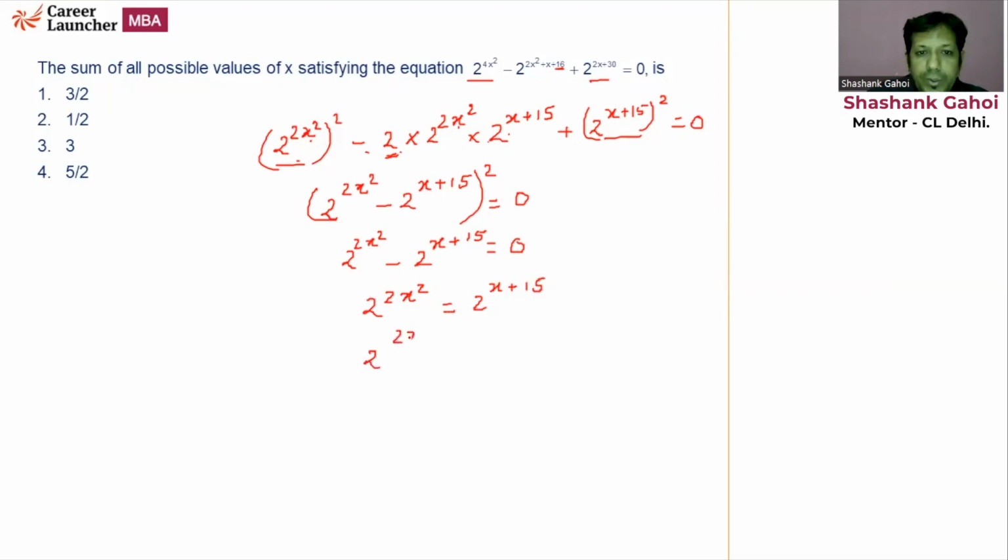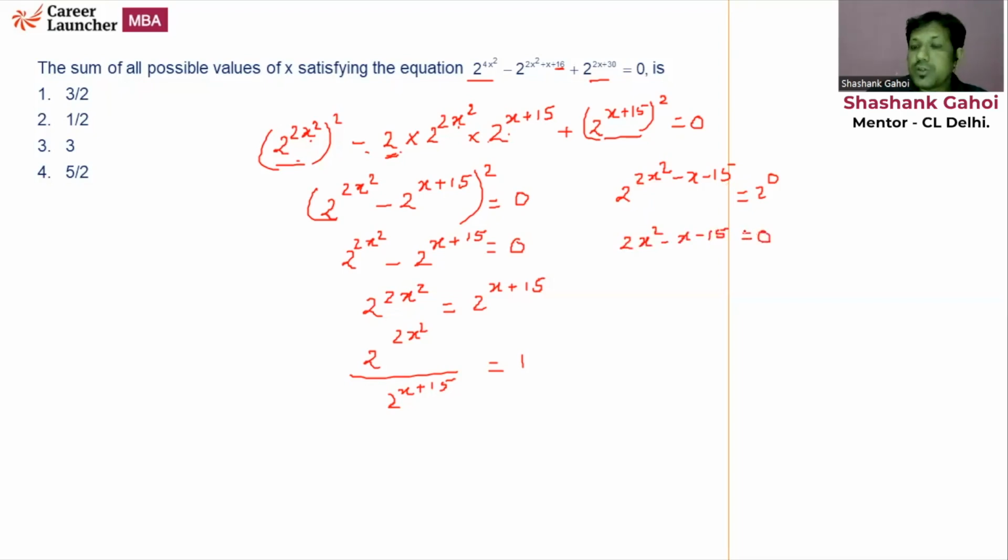So 2^(2x²) upon 2^(x+15) is equal to 1. So from here I can say 2^(2x²−x−15) should be equal to 2^0. Okay, so it means my power should be 0. So 2x² − x − 15 should be equal to 0.